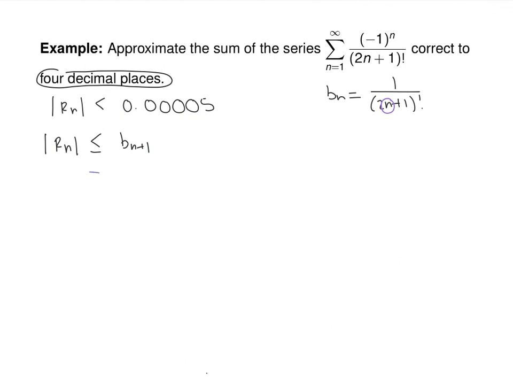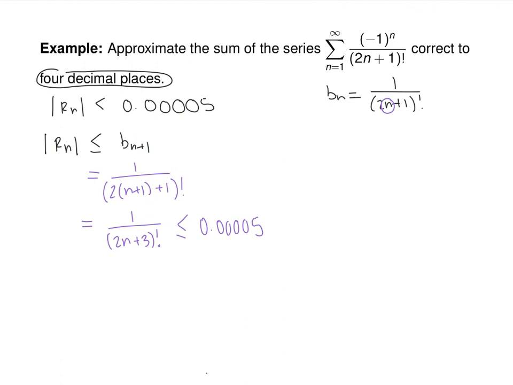Okay, so that Bn plus 1 is equal to 1 over 2 times n plus 1 plus another 1, all factorialed. Or that's 1 over 2n plus 3 factorial. And we want that to be less than or equal to 0.00005.